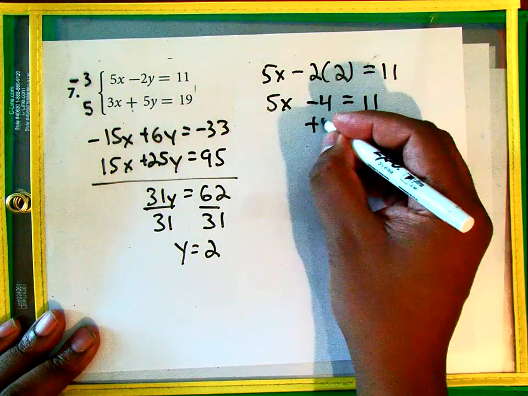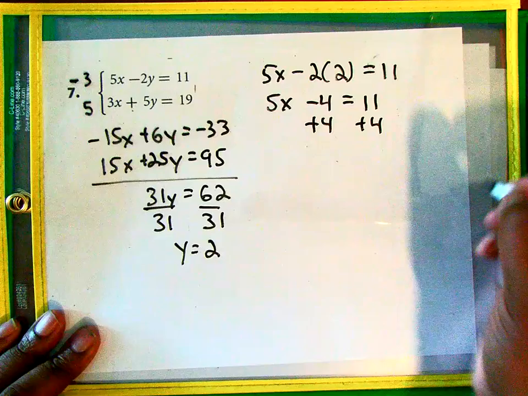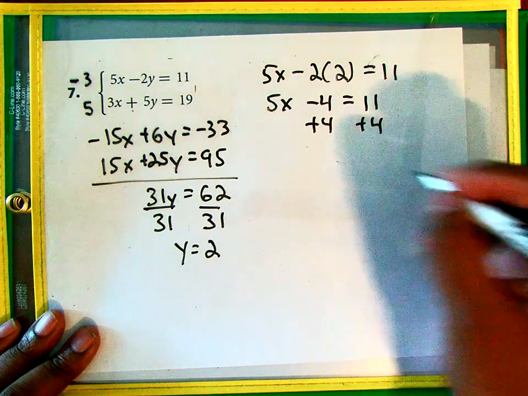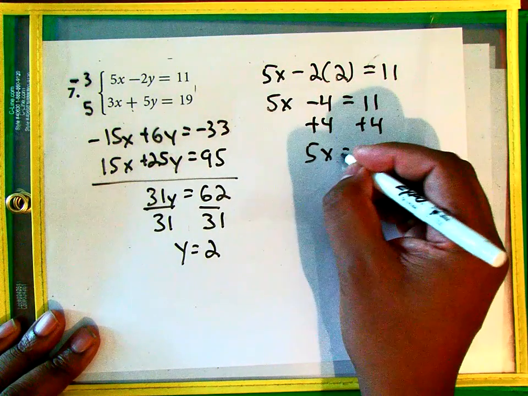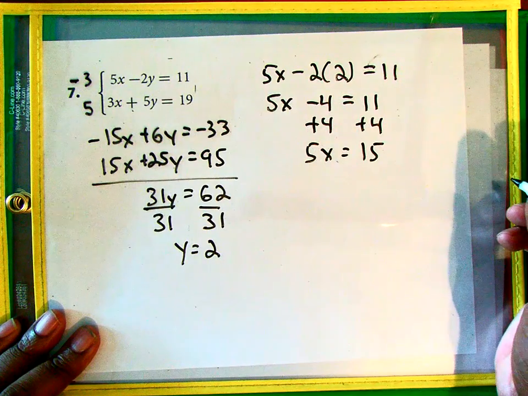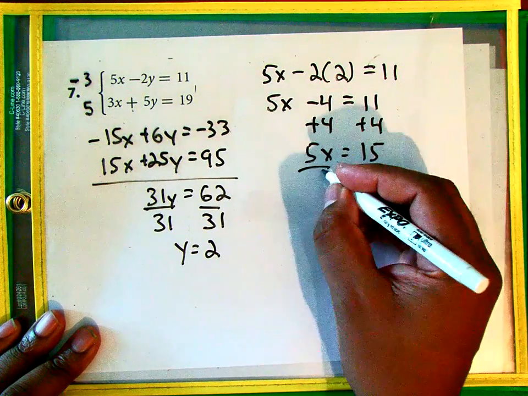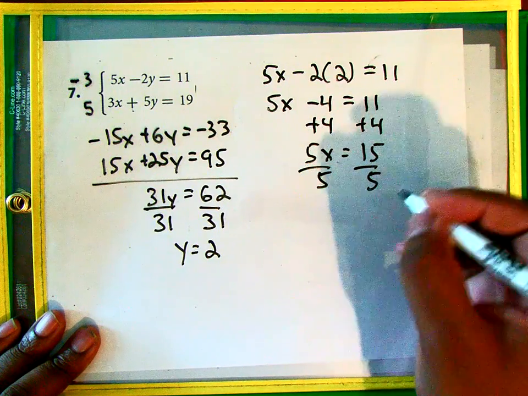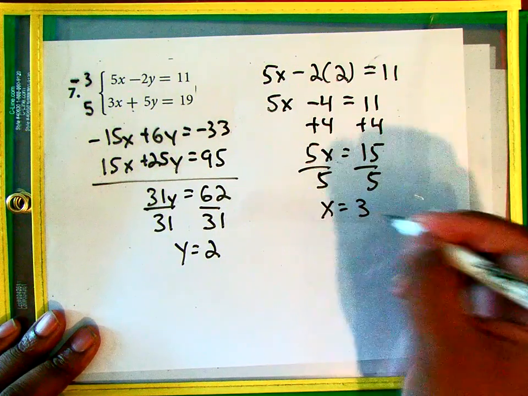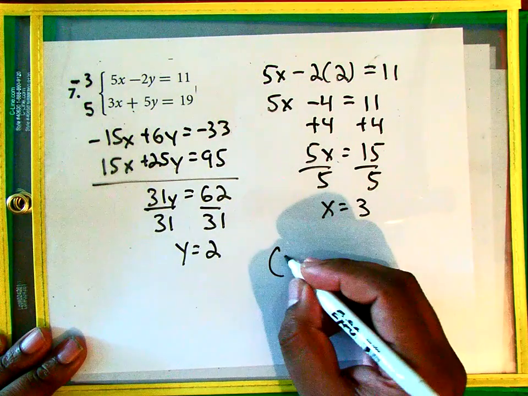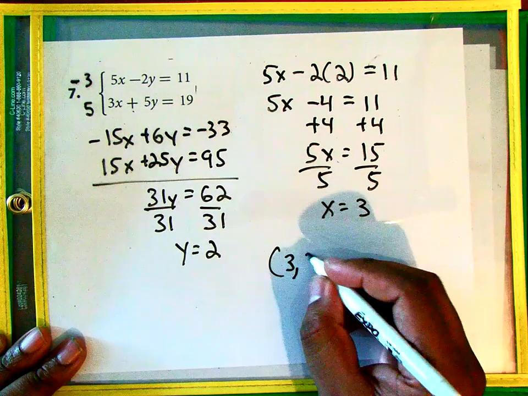Then add 4 on both sides, so now we have 5x is equal to 15. Then we divide by 5, and x is equal to 3. So our solution is x is 3 and y is 2.